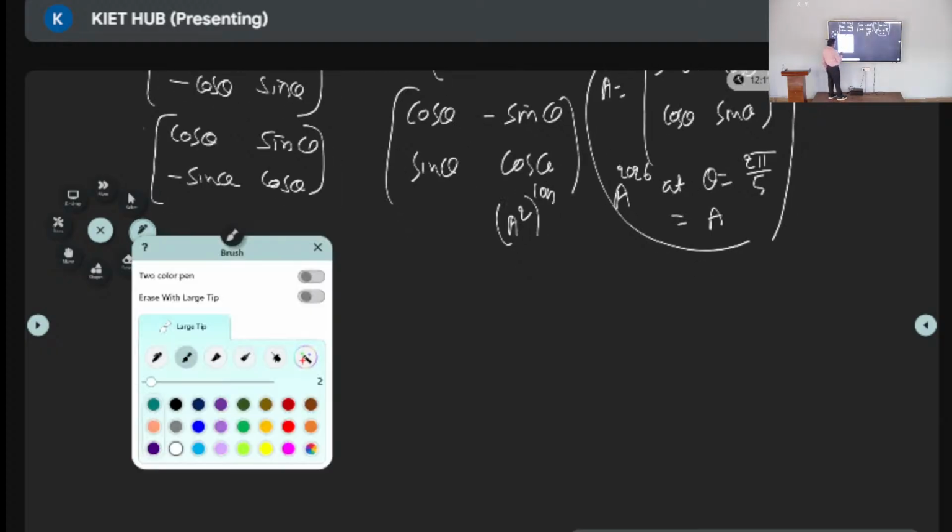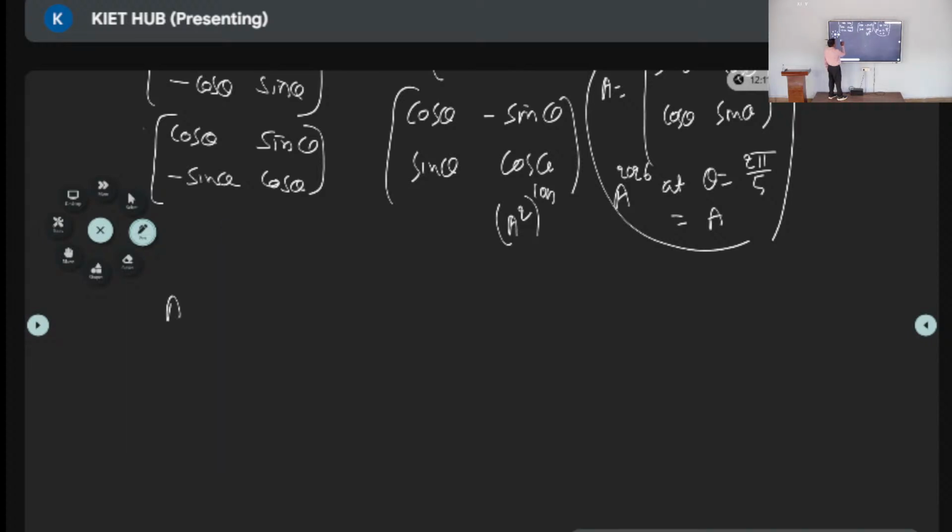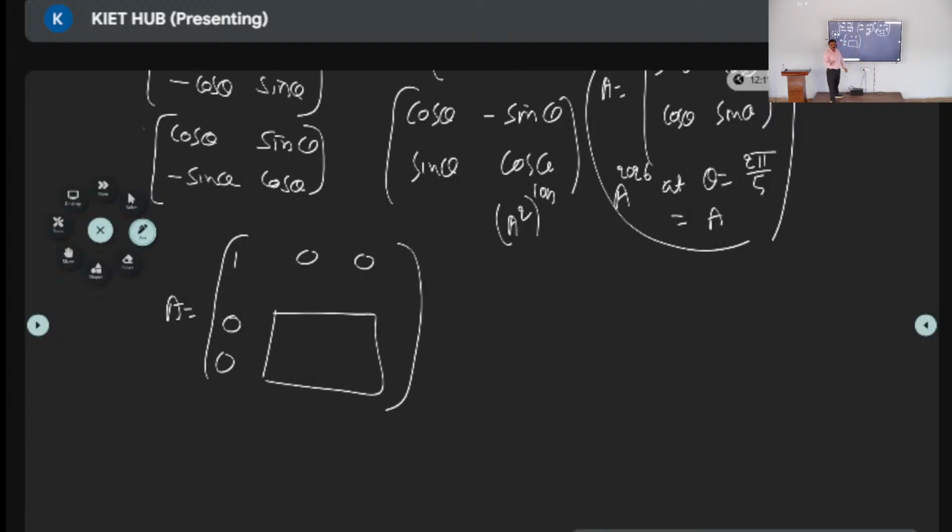Observe here. Another orthogonal matrix, A equals 1 0 0 0 0. All 4 examples, substitute. Whatever the 4 examples I explained, substitute all 4 examples here.